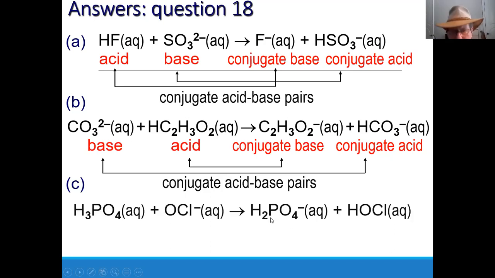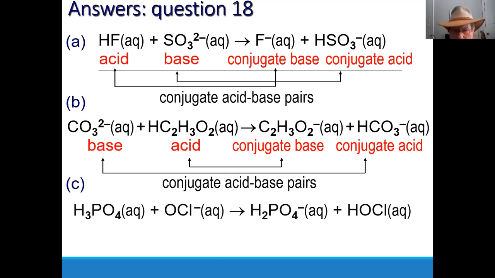Look at these two entities, the two reactants. Which one's going to donate the proton and which one's going to accept it? The H3PO4 would be the acid. The OCl minus would be the base. OCl minus accepts the hydrogen, while the H3PO4 donates one.